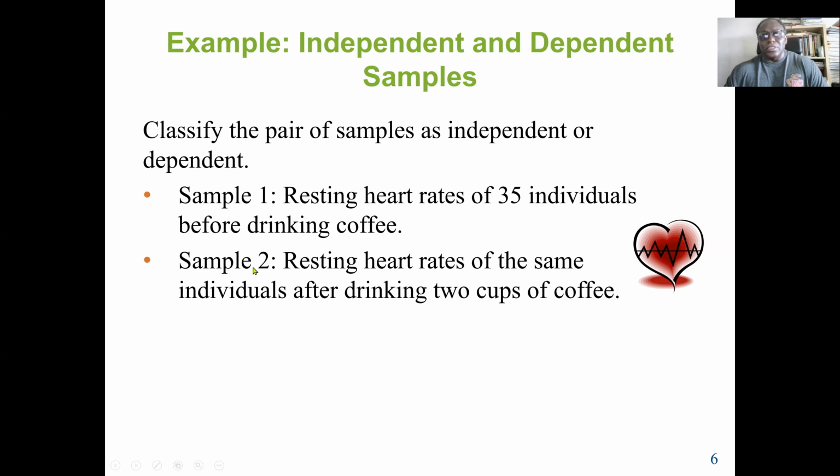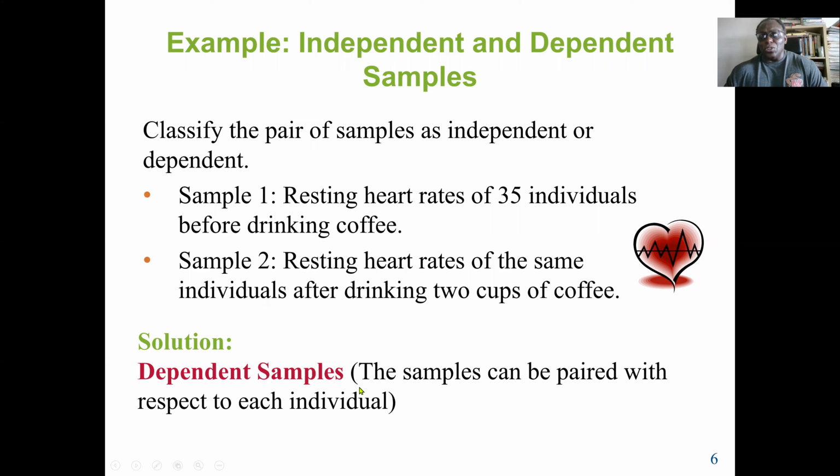Which means the sample 2 size will be the same, 35, because it is the resting heart rate of the same individuals after drinking 2 cups of coffee. So we have 2 samples now. The solution: these are dependent samples.